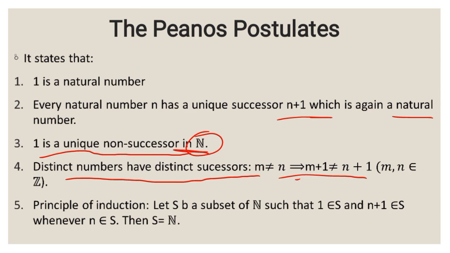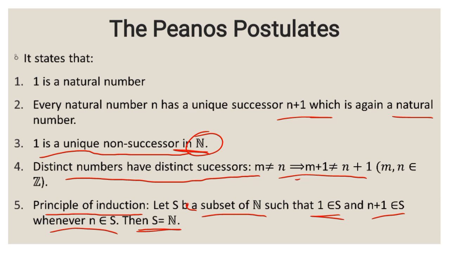And the fifth is that it satisfies the principle of induction, meaning that if you have S, a subset of the set of natural numbers, such that 1 lies in S and you have n plus 1 in S whenever you have n in S, then S must be equal to the set of natural numbers.